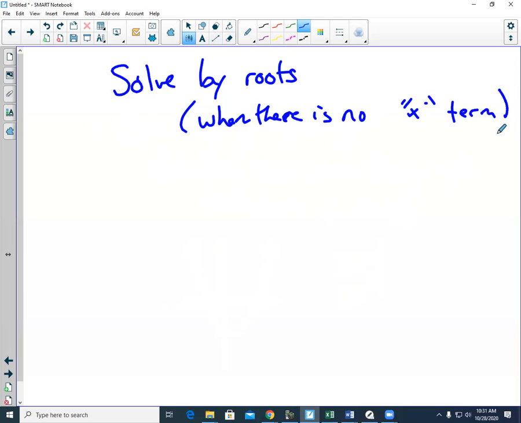So these are equations, or these are expressions that look something like this, where it's just x squared minus 5, where it looks like something like this. There is no x term. Most of the quadratics that we deal with are when we have things that look like this. X squared plus 3x plus 7.